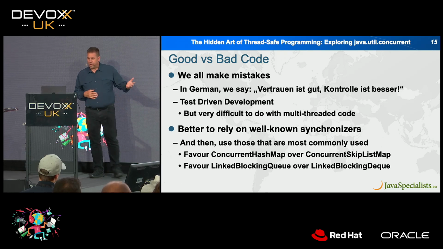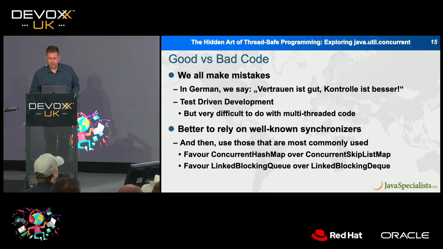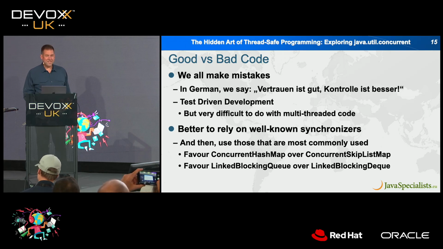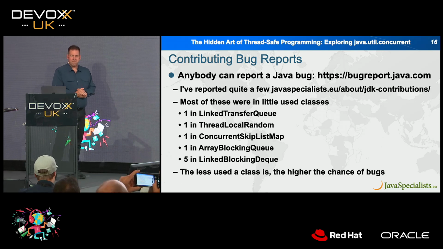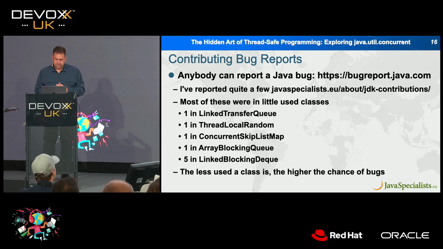Prefer LinkedBlockingQueue over LinkedBlockingDeque. No, but how many of you have used LinkedBlockingDeque? 1, 2, 3. Wow, that's a lot. And anybody who finds bugs can report them. And I've reported quite a few. I didn't write them all down, but I put up a list on my website.